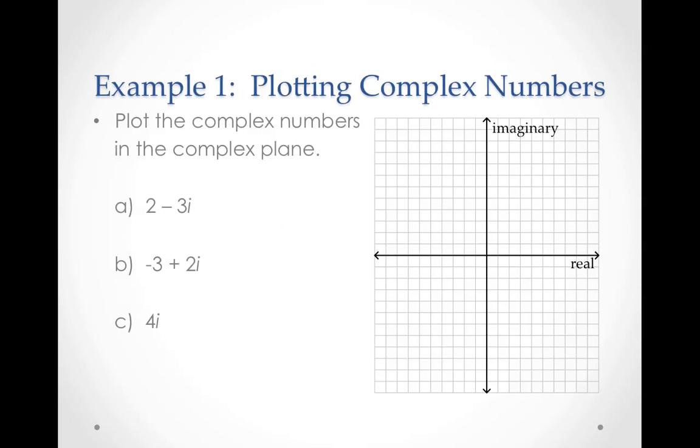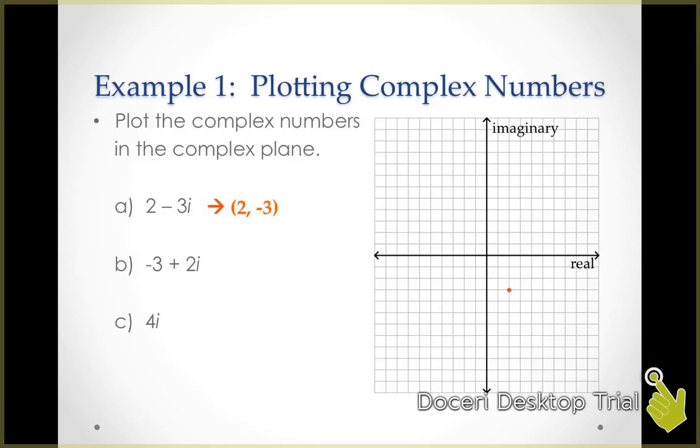So let's start there. Let's plot complex numbers. So when we have the complex number 2 minus 3i, we identify that the real part is the 2 and the imaginary part is the negative 3. So we're going to be plotting the ordered pair 2, negative 3. But notice, as we stated in the definition, that my horizontal axis here is not labeled as x now, it's labeled as the real axis.